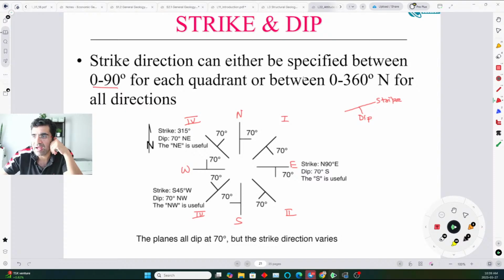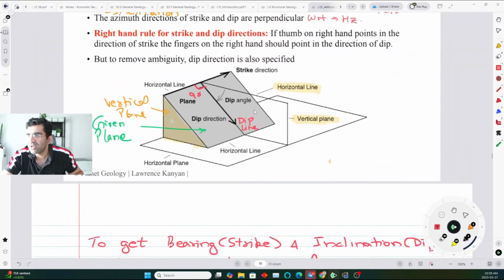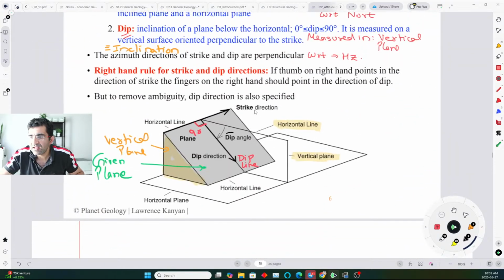And this number here, if it is written like 70 degrees, for example, this is the dip amount. Basically dip amount, or what we just called dip in the previous case, or dip angle, is this angle. This is also called dip amount.